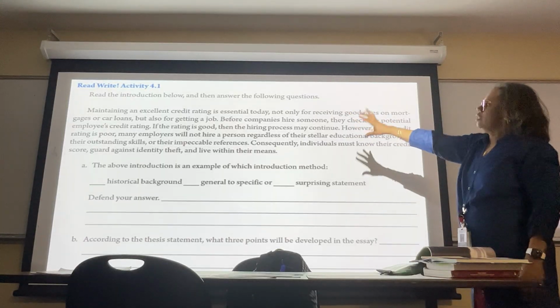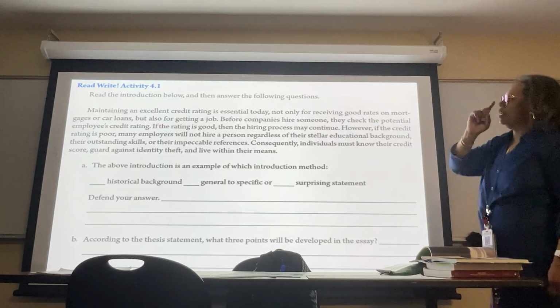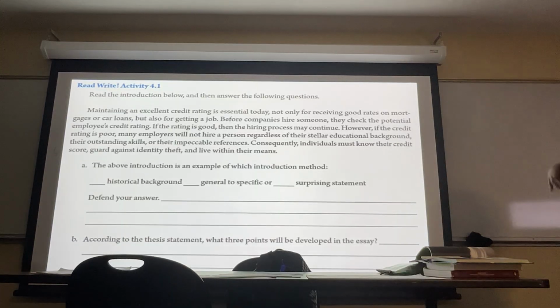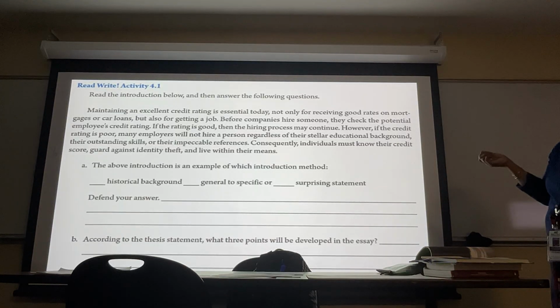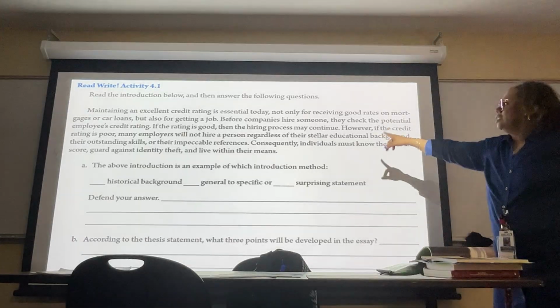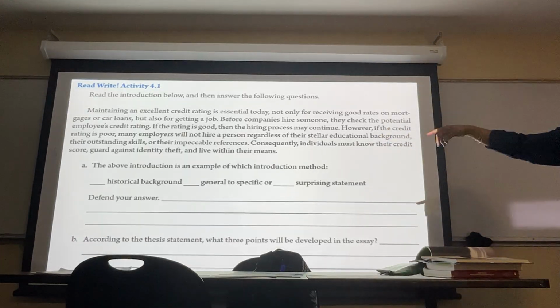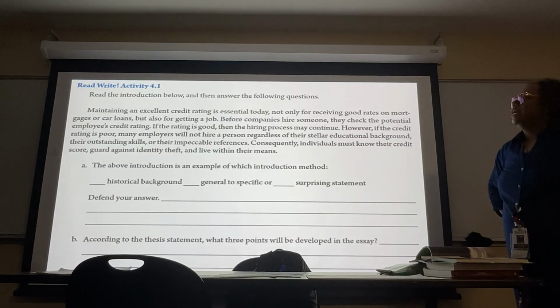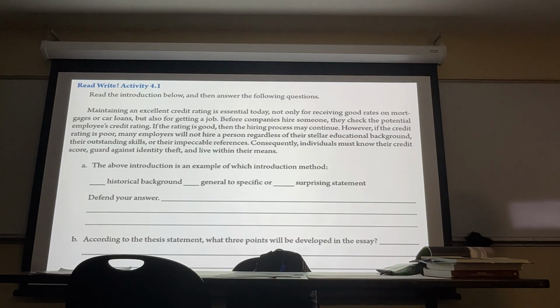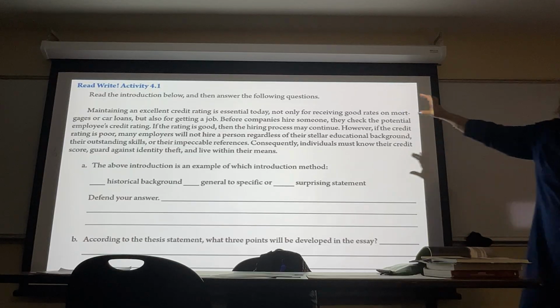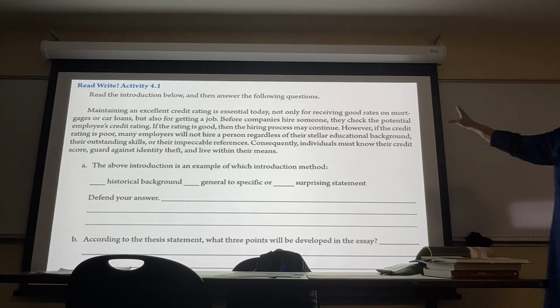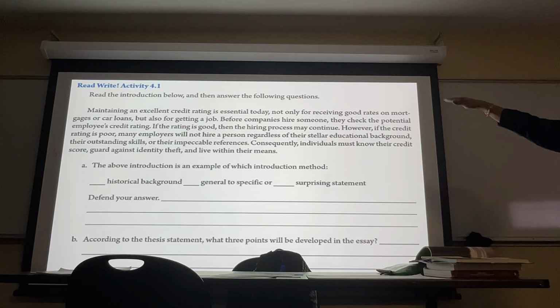But then at the end, you could have gotten rid of that and said: Consequently, individuals must know their credit score, guard against identity theft, and live within their means. Right? So you could have taken all of that out, or they could have talked a little bit about each one. But they didn't. So, okay. So it started out general and went to specific. Good job, y'all.